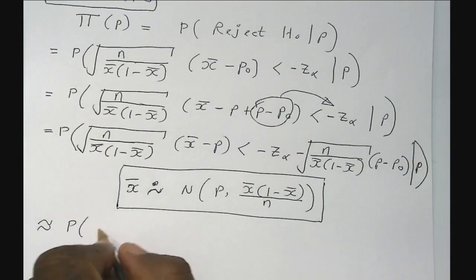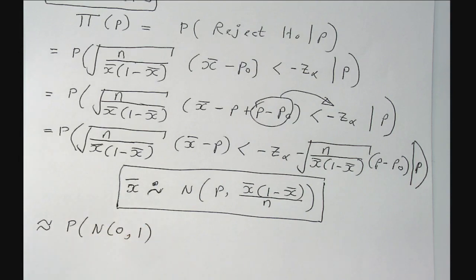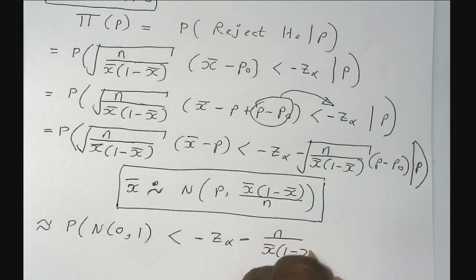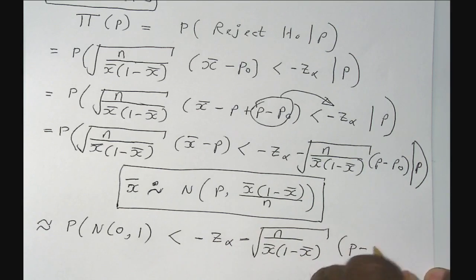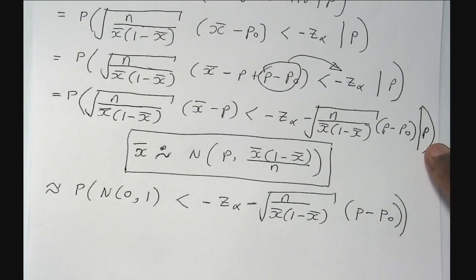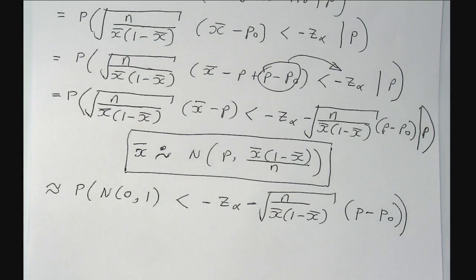So this is approximately equal to the probability that a standard normal variable is less than, once again, the conditioning is no longer needed because the conditioning has been used to argue that this has the standard normal distribution, and therefore it's no longer needed.